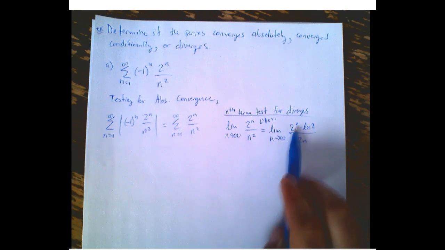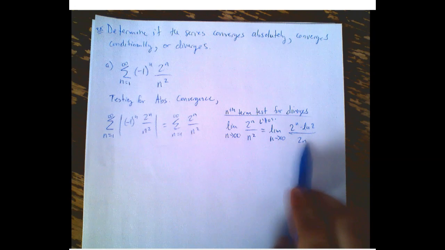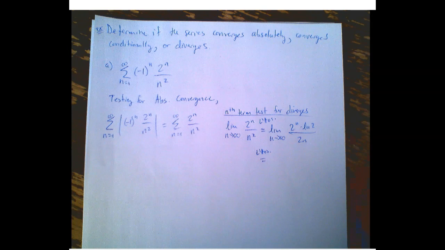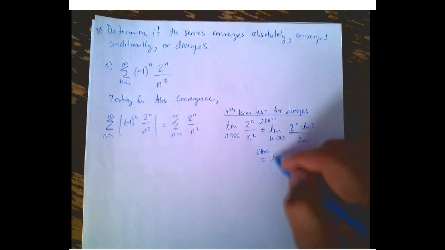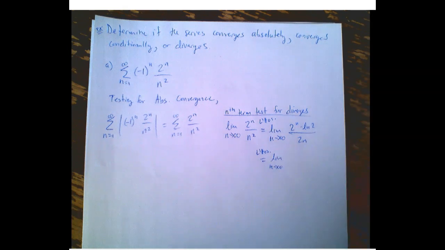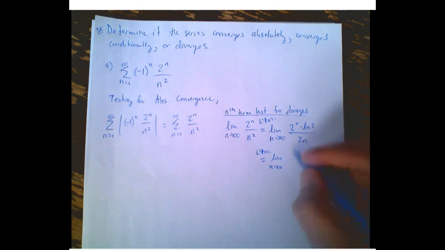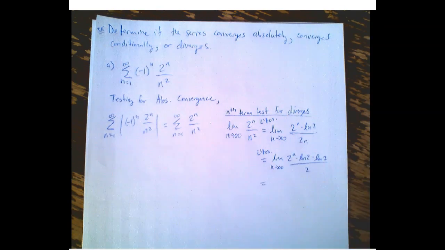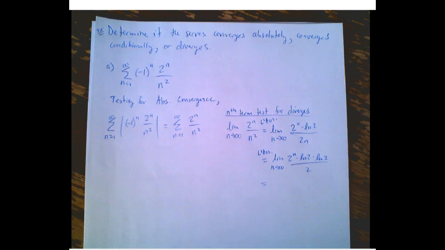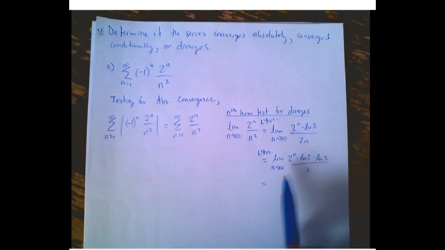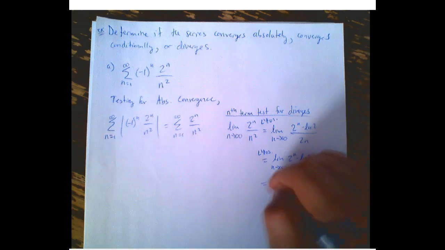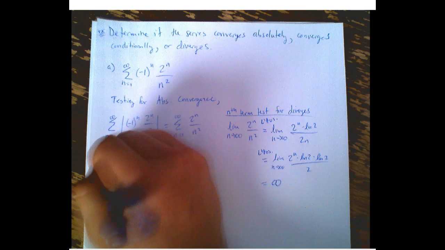If we test this limit, the numerator goes to infinity, the denominator goes to infinity. We can use L'Hopital again. The limit as n goes to infinity of the derivative of 2 to the n again, 2 to the n times natural log of 2 times natural log of 2, over 2. Testing the limit again, this goes to infinity over 2, that's infinity. So what can we conclude?